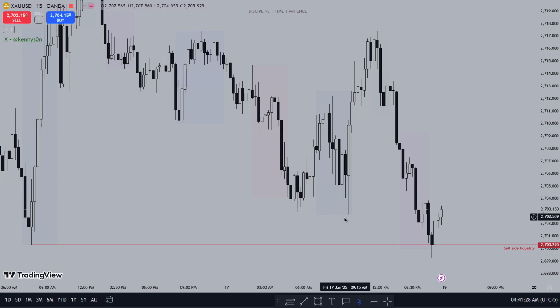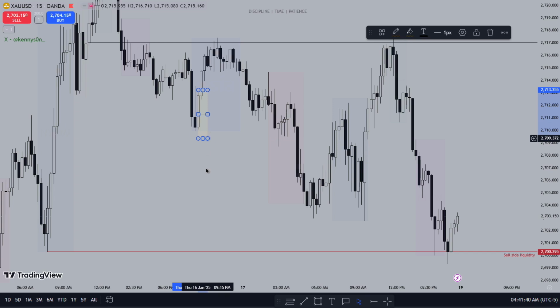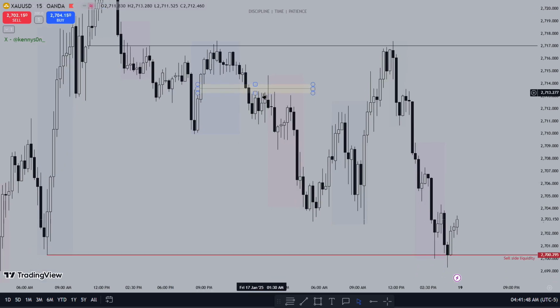You just sit on your hands. Let's say you got in a trade like here, like I said, the one that I was talking about, traded into the hourly order block on Asia, and then you got in a trade here at the inversion fair value gap.